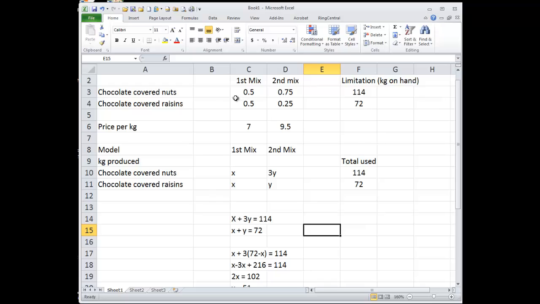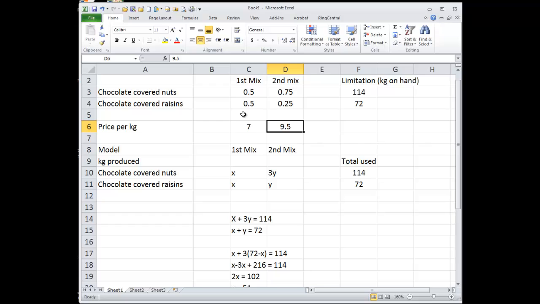It says we have 114 kilograms of chocolate-covered nuts, and we have 72 kilograms of chocolate-covered raisins. We have a mix in which we can mix these things equally and get $7, or we can mix 3 times the amount of nuts to raisins and sell it for $9.50.